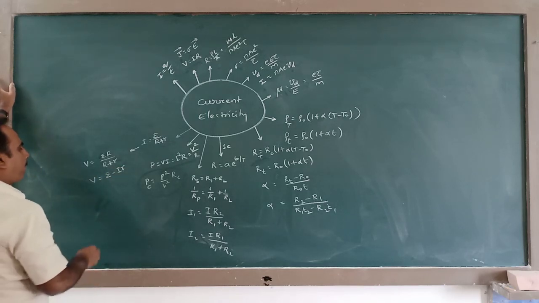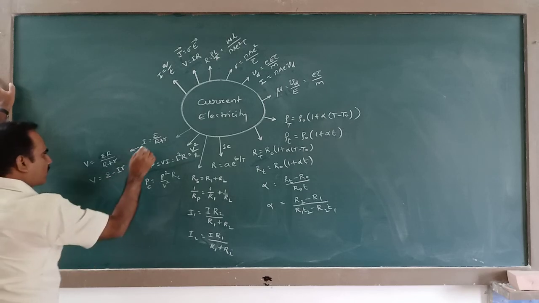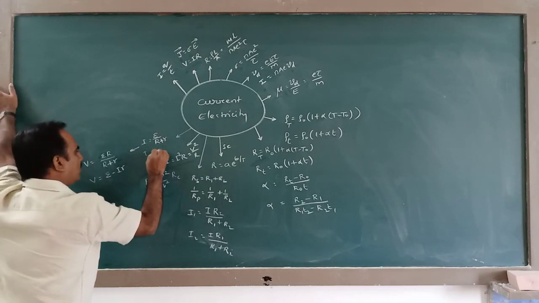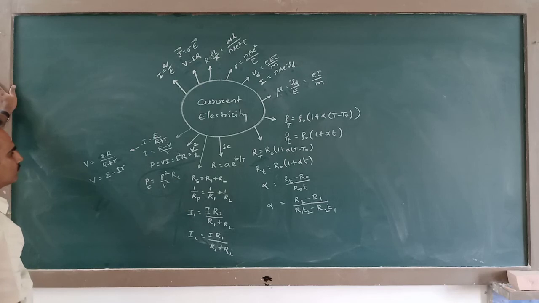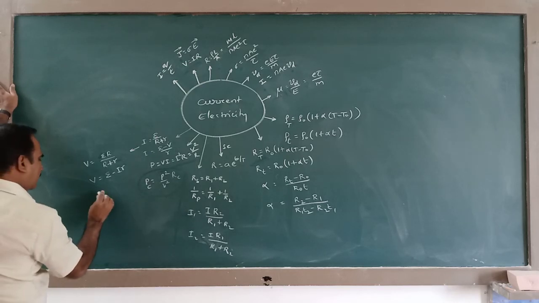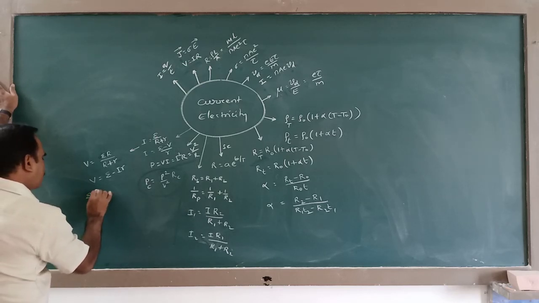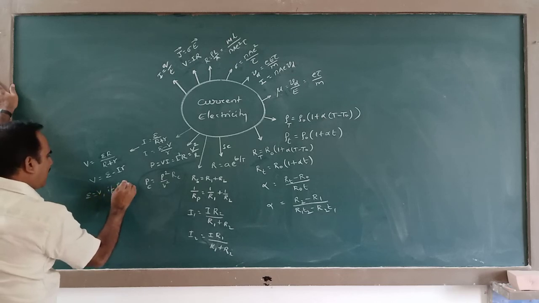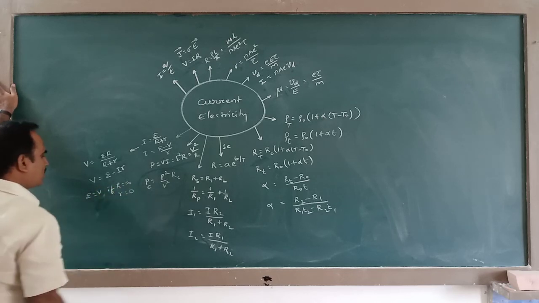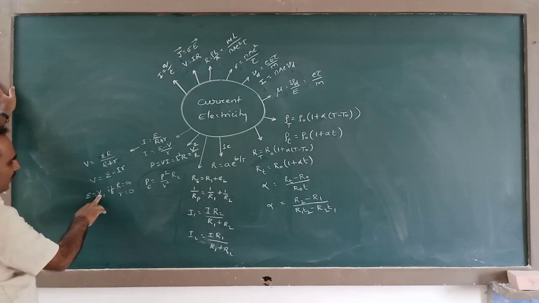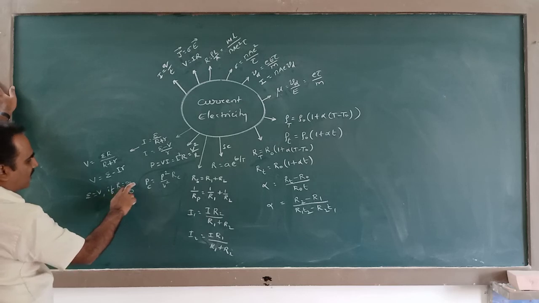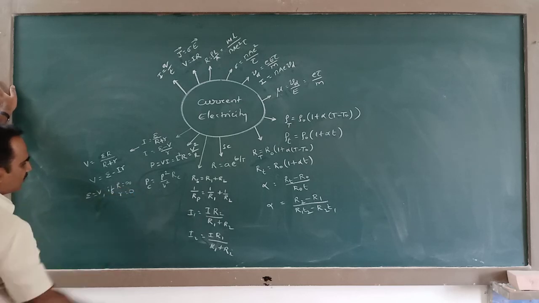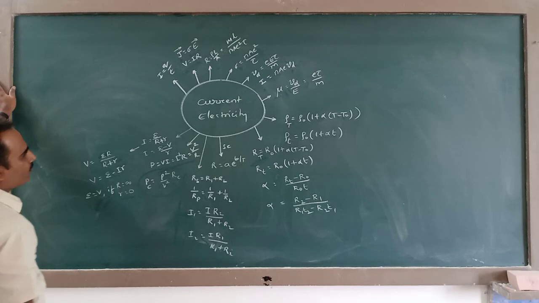This expression for current I can also be written as E minus V divided by r. So from this you learned that terminal potential difference becomes equal to EMF when external resistance is equal to infinity or internal resistance small r is equal to 0.